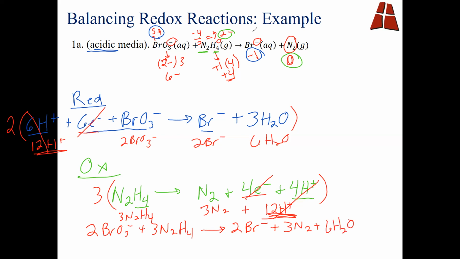Okay, and we can double check things, make sure they're still balanced. I will tell you that they still are balanced with all the elements. And so we know that that is our balanced oxidation reduction reaction.